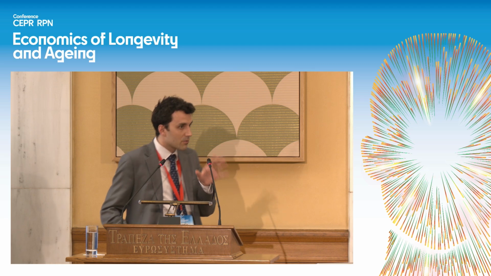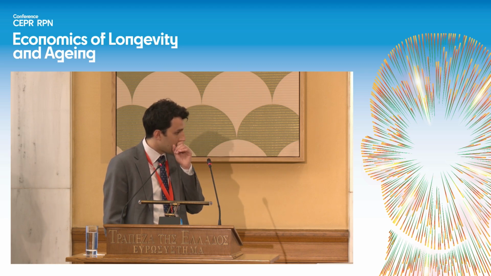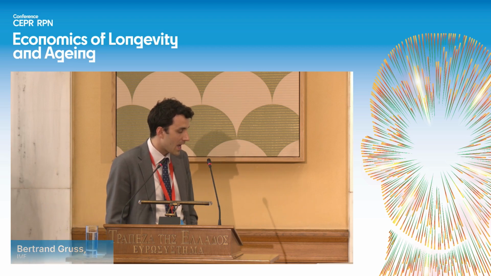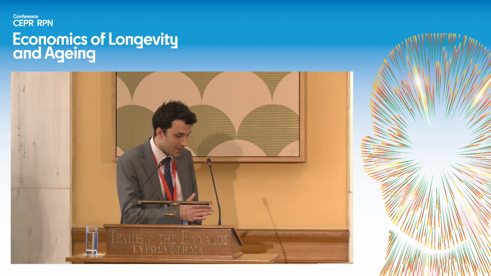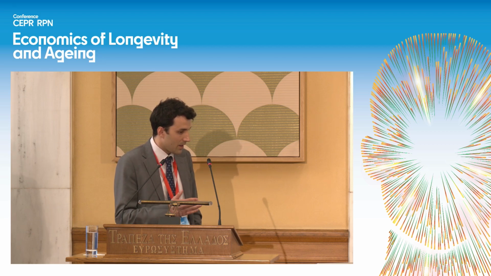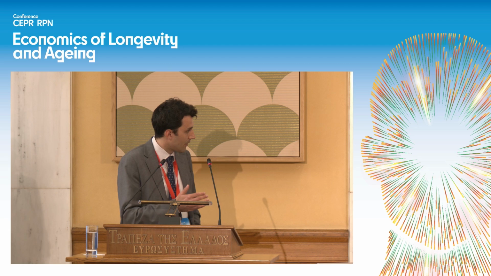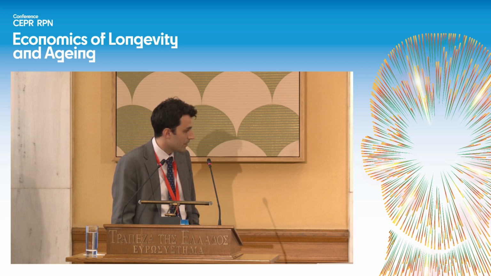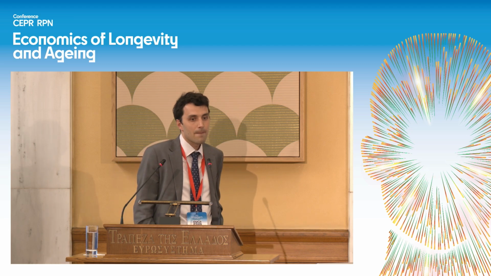On TFP, yes. I think that the papers that find a strong effect of population aging on growth, that effect is mostly operated through labor supply rather than through productivity. Okay, more questions?